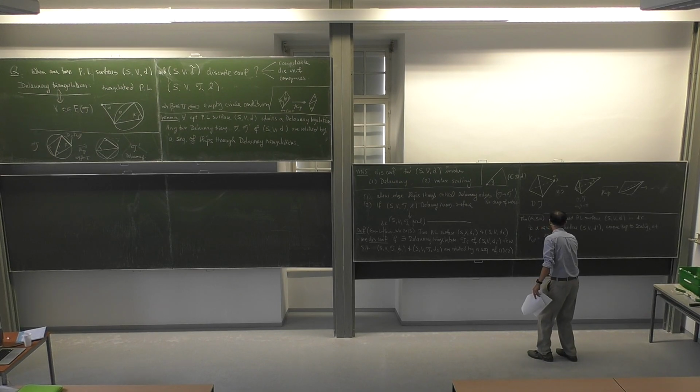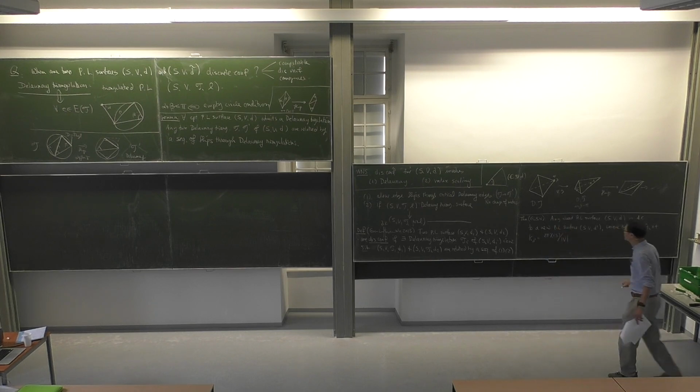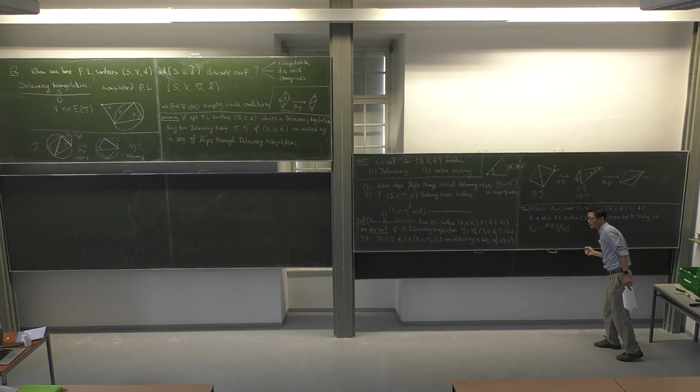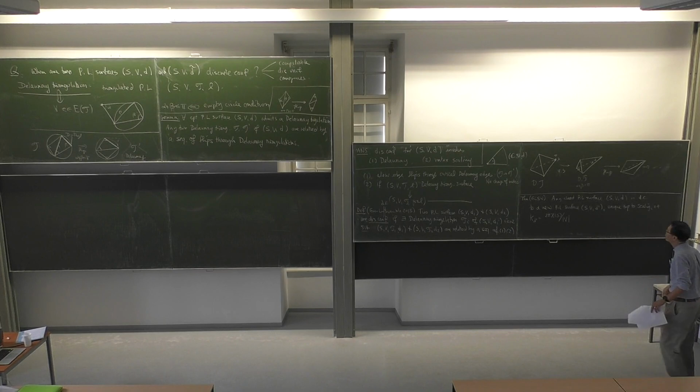And the constant curvature is guided by the Gauss-Bonnet formula. So that's what we can prove at the moment. We call this a discrete version of the uniformization theorem.